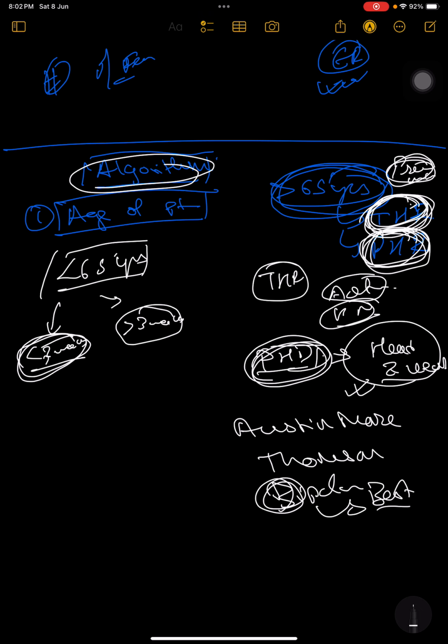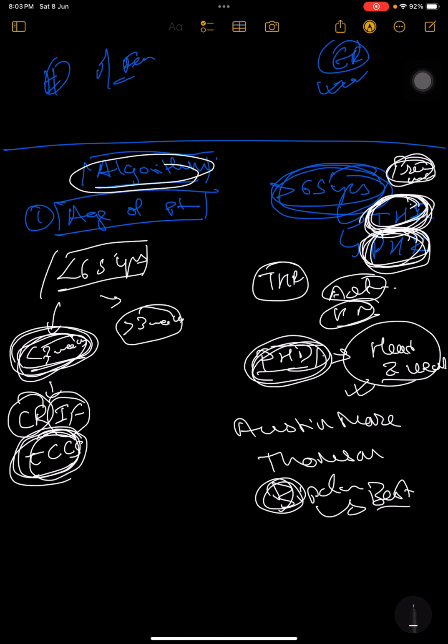Now, less than 3 weeks, you can go for closed reduction internal fixation with cortical cancellous screw. Just remember this much. But if there are associated nerve injuries or arterial injuries, you have to open the fracture.